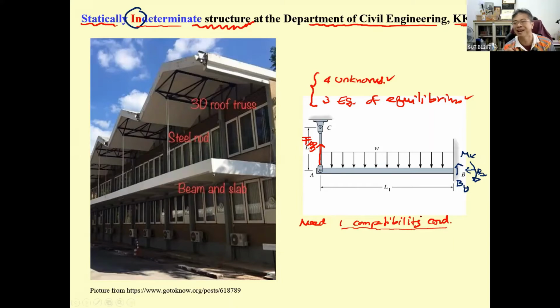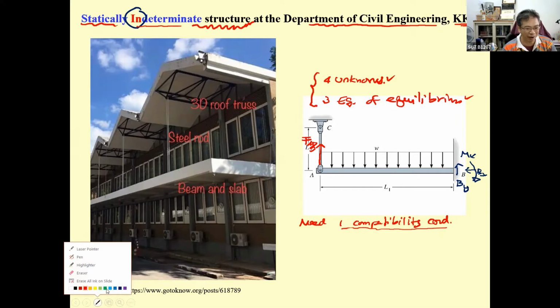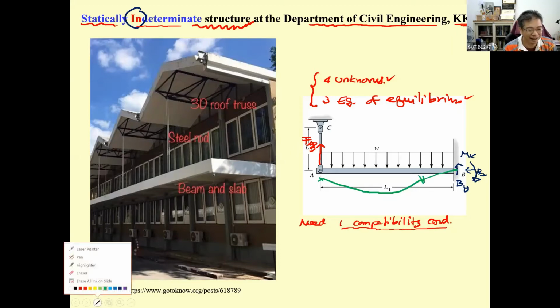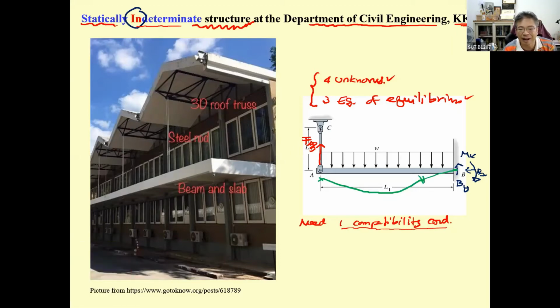It's going to be harder. Previously, we just set the columns to have equal settlement, but for this one, when you consider the deformation, point A will move over here, and then the beam will have this kind of deformation, and the rod AC will increase its length.